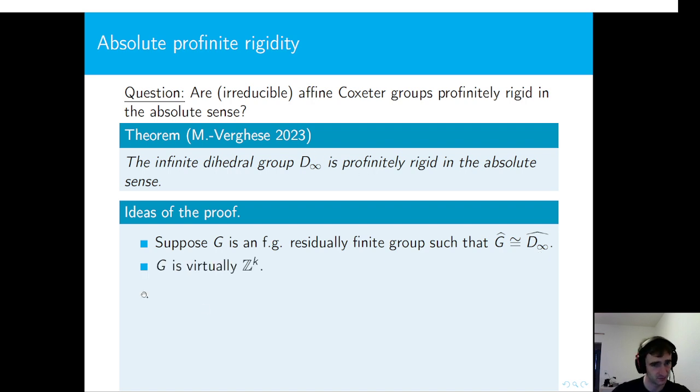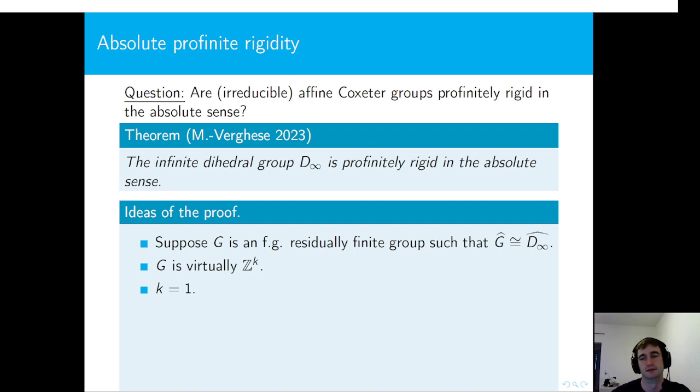So G is virtually abelian, because the group on the right-hand side is virtually abelian. And then, since we know that D infinity has a factor isomorphic to Z, but no factor isomorphic to Z to the 2 or any bigger exponent, we can conclude that K is equal to 1. Again, this is not super easy to do, but it's true.